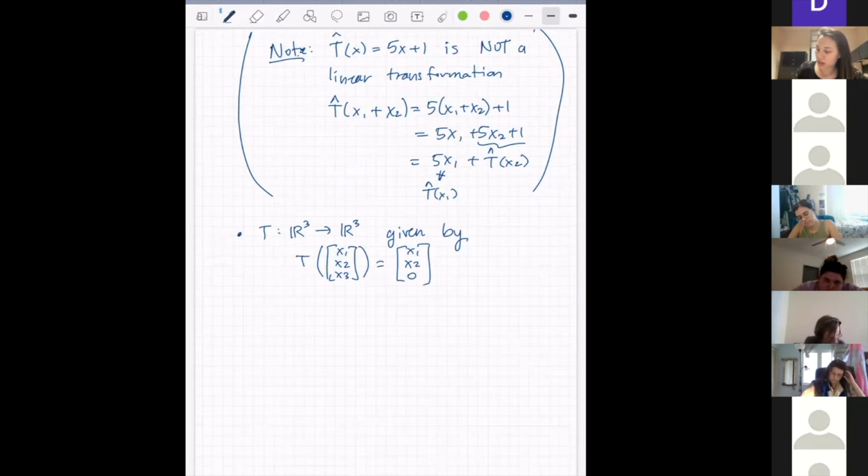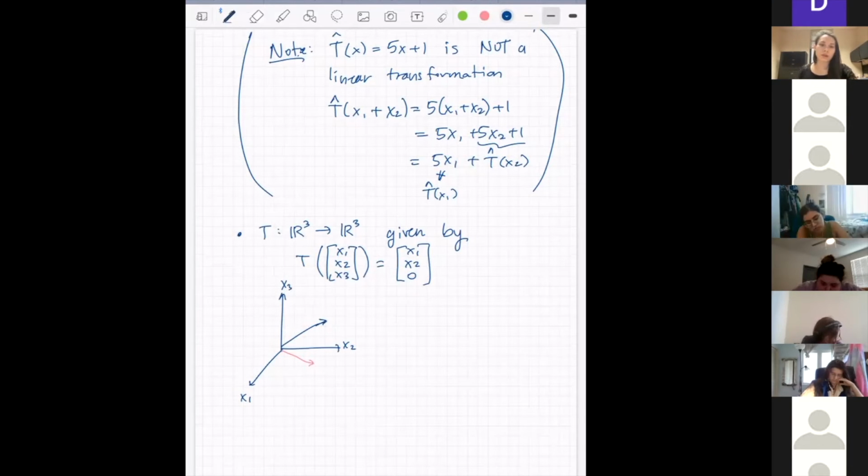So what this does, if we imagine this in R3, and it's a little convenient in this case to think about this in the same space, it would take this vector here, maybe I'll draw this a little bit better. This vector, an arbitrary vector x, would be projected down into the x1, x2 plane, right?